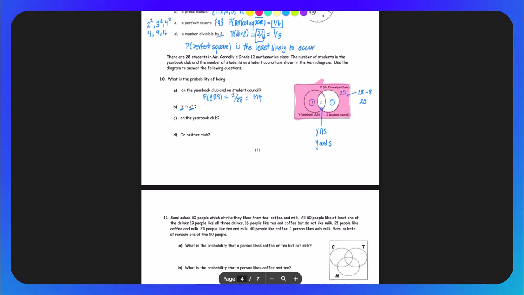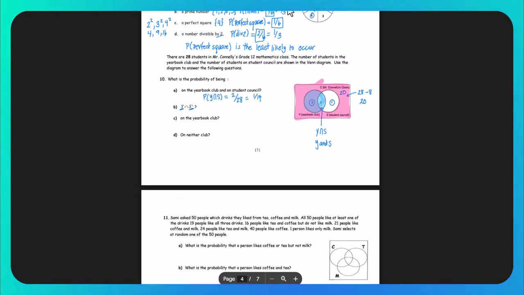Now, it says the intersection of the complement of S and Y. So let's color in our Y. Now, the intersection is the overlap of S and Y in the complement. So that means it's this crescent moon-shaped region here. That means there are 5 people in that intersection.